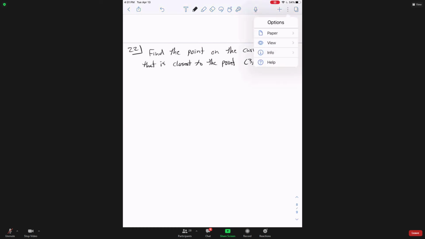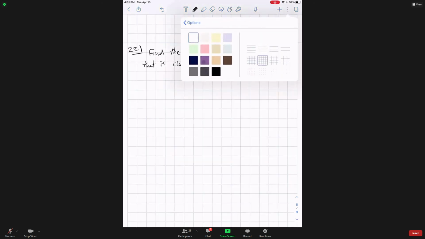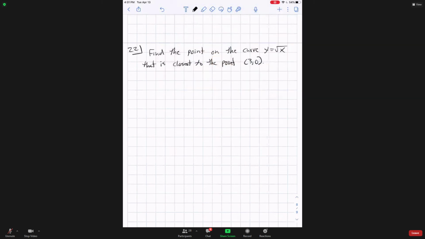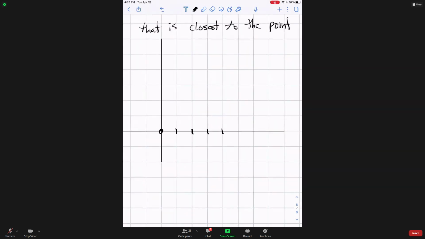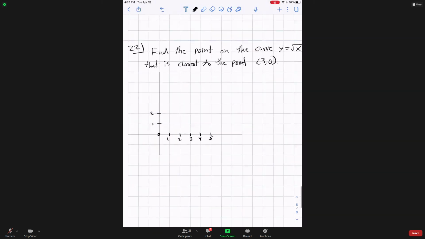Let's go to graph paper here. Hopefully you know how to graph square root of x. There's (0, 0), (1, 1), (4, 2). So that's the graph for square root of x.